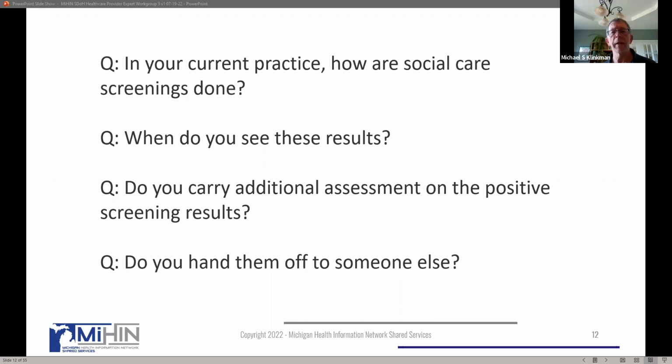Or how have other people handled the messiness of doing this work in clinical care? So Alicia, you're the only one brave enough to talk about how you do it.